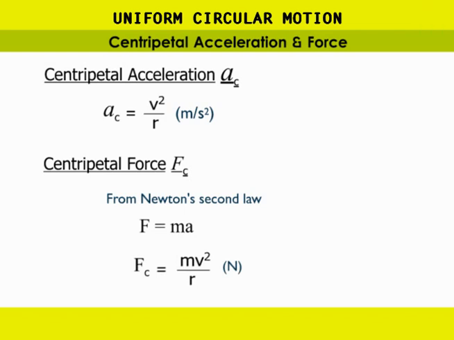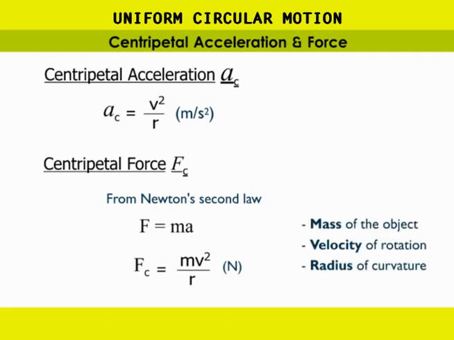From this expression, we can see that centripetal force is affected by three factors: mass of the body, velocity of the body, and the radius of the curved path. When the mass increases, the centripetal force increases. When velocity increases, the centripetal force increases as well. But when the radius increases, the centripetal force decreases.